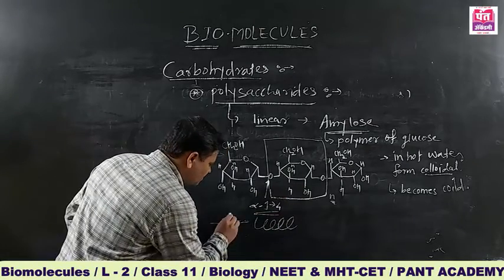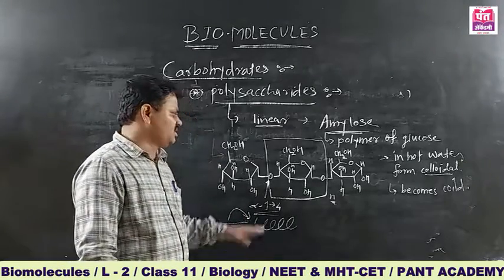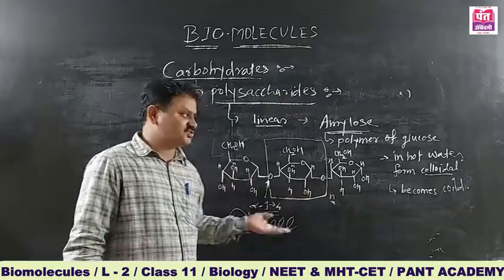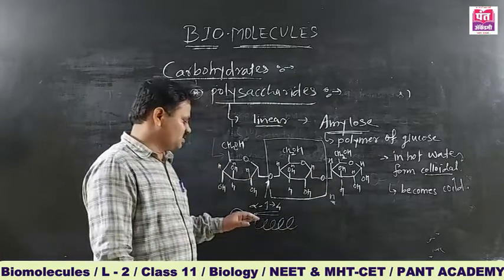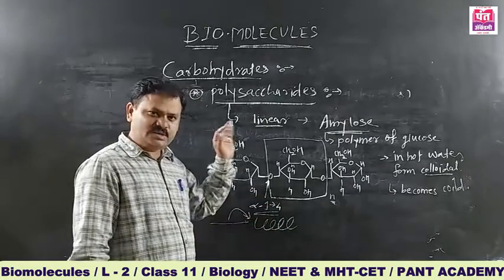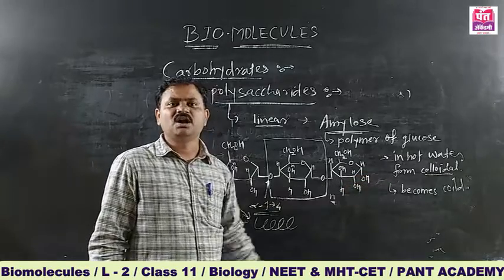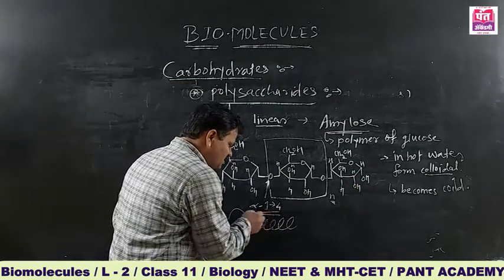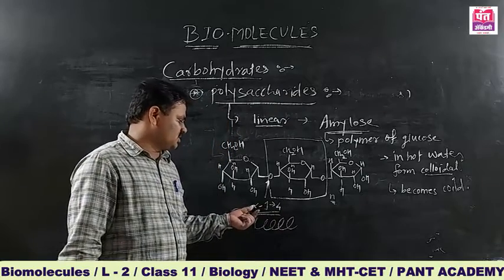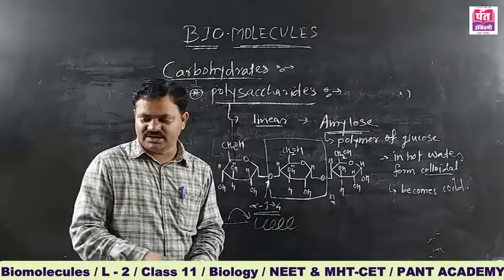So this one transformation will occur in presence of heat, but if we heat this kind of amylose, it will not break into smaller units. If we do hydrolysis of this, it will result in the formation of the monomeric unit. So remember, the linear arrangement in amylose is with the bond called an alpha-1,4 linkage.